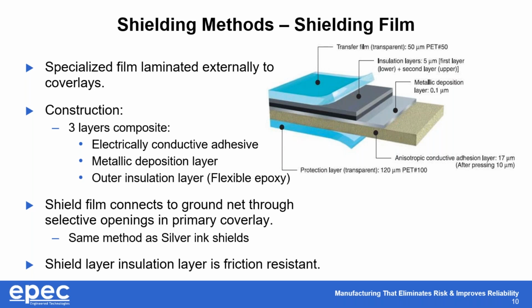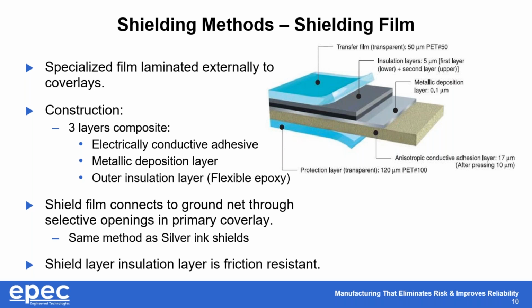So the film itself is a 3-layer composite. The 3 layers are, starting from the bottom up, an electrically conductive adhesive. And then above that is a metallic deposition layer that does the actual bulk of the shielding. And then it is in turn encapsulated with a flexible epoxy in order to insulate the metallic deposition layer.